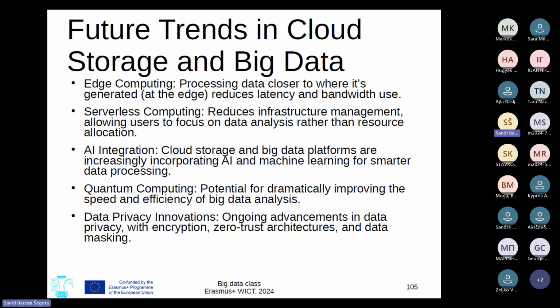One thing is edge computing. What does edge computing mean? It means that data is processed closer to where it's gathered.